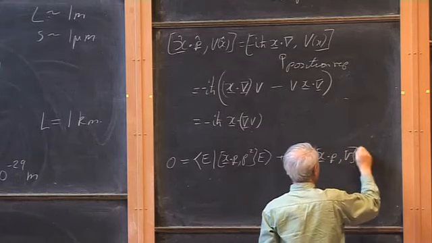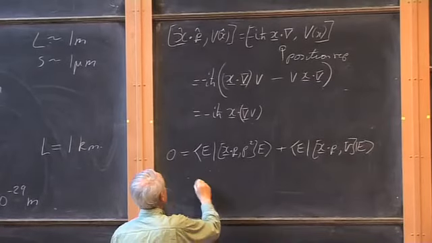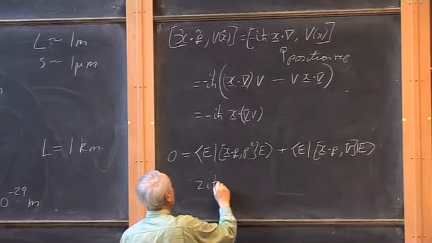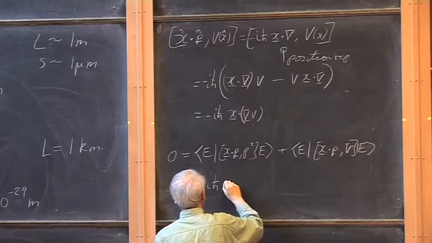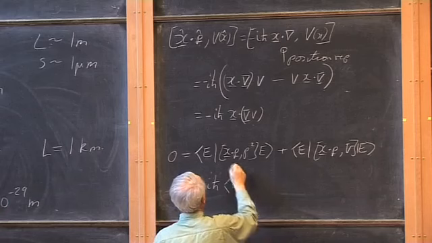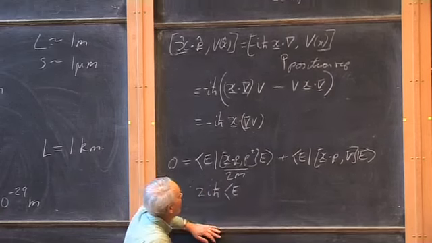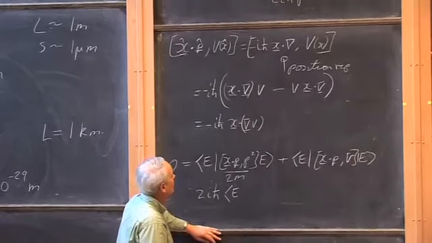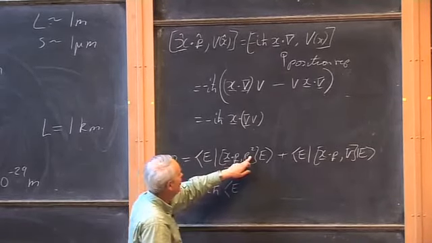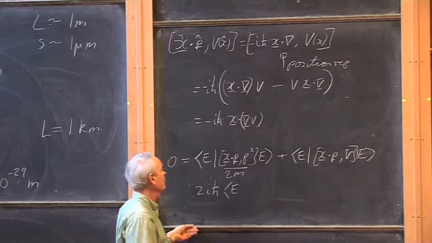That's just summarizing where we stand. This we've discovered to be 2i h bar, and this commutator turned out to be p squared, so it becomes the expectation. Oops, there should have been over 2m on this, shouldn't there? Because it was the Hamiltonian, p squared over 2m. This p came from the Hamiltonian where it was p squared over 2m. This v came from the Hamiltonian where it was just v.